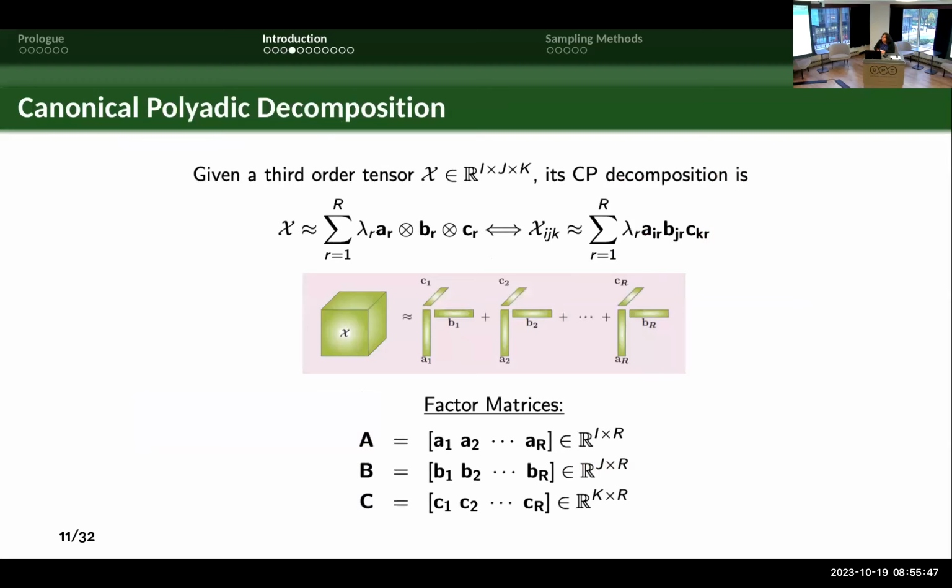The canonical polyadic decomposition is basically, given a third order tensor, can you decompose it or split it up into a sum of rank 1 tensors? Okay, that's pretty straightforward.